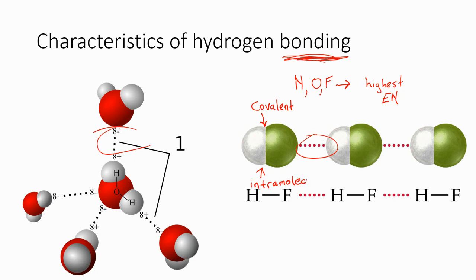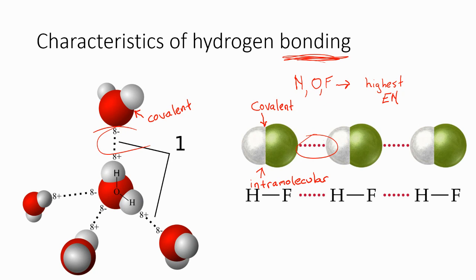And we need to make sure that hydrogen is covalently bonded to N, O, or F. We see that in HF. If I were to look at this molecule right here, that covalent bond is a bond between hydrogen and oxygen. So that is number one on the list: you have to have hydrogen atoms bonded to a very electronegative atom, N, O, or F.